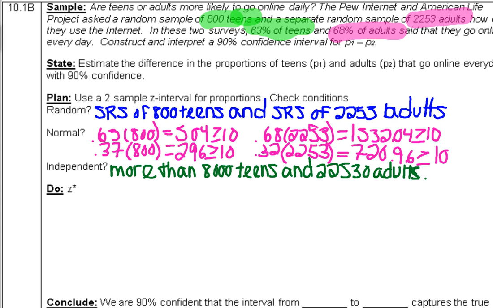And so within each group, we don't have to worry about the independence there, but we do have to worry about whether teens' percentages affect adult percentages. And it's reasonable to assume that teens and adults are independent.